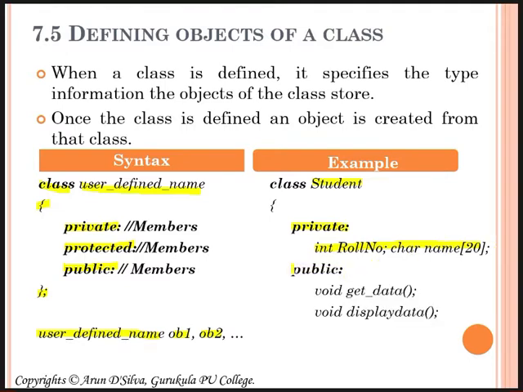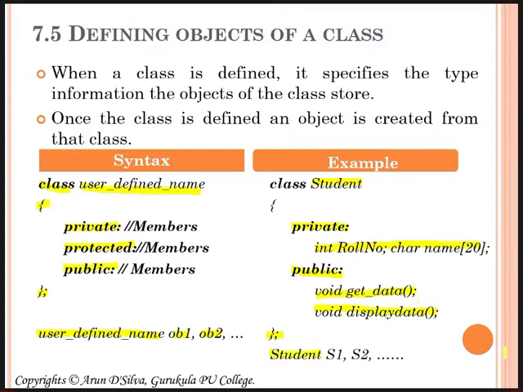Then I've used one more access specifier, public, and created two member functions, void get data as well as void display data. I've closed the class by a brace followed by a semicolon.